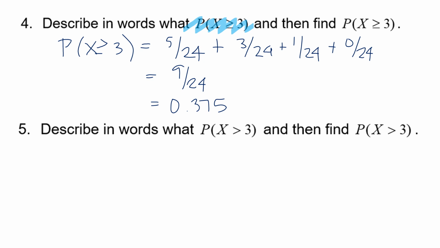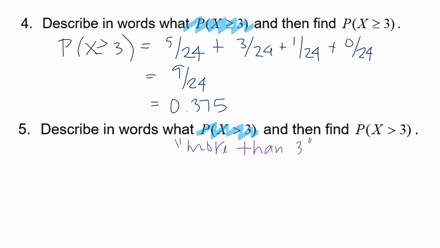If I was doing the probability of x is just greater than 3, and there's no greater than or equal to, essentially that is asking almost the same thing as above, except we're just looking for specifically more than 3, not 3 or more. So it would still be the probability that a randomly chosen student has more than 3 children in their family.